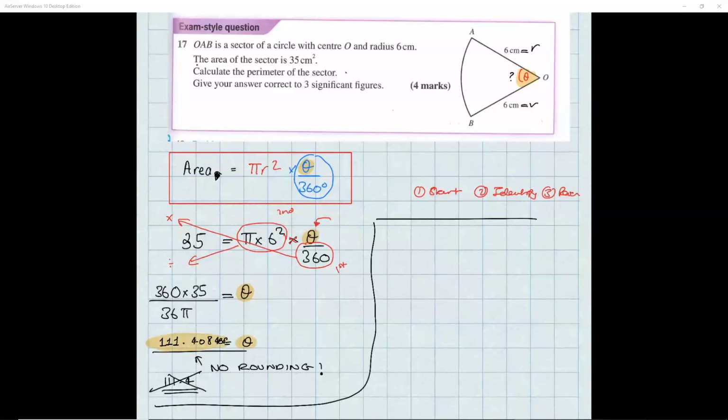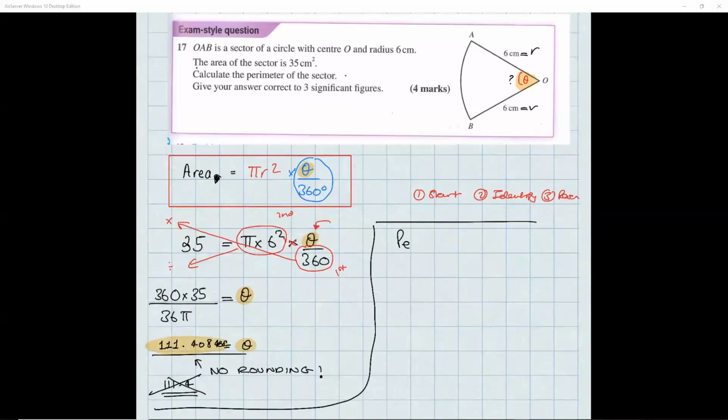So in order for us to work out the perimeter, what do we need to work out first? Look at the top pizza slice, and break the perimeter down into pieces for me, in chunks.